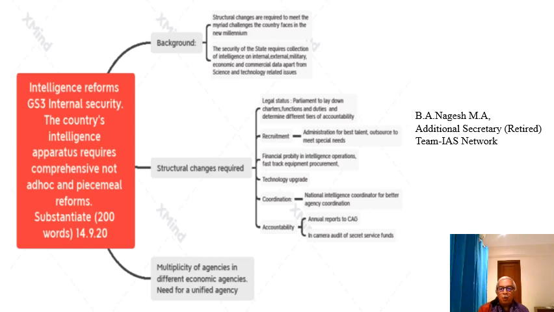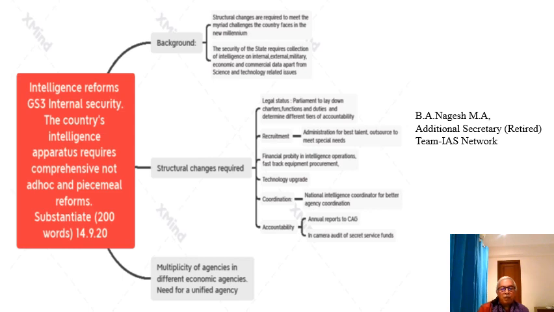Then I spoke of the secret service funds, how there could be an in-camera audit. It could be made available to a parliamentary panel, so that ultimately the people's representatives would know how these secret service funds are being utilized, whether in a proper manner or whether there's any misappropriation or misutilization. All that will come out.